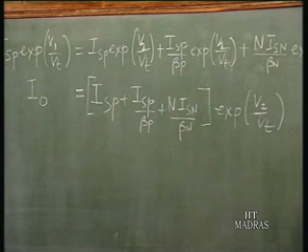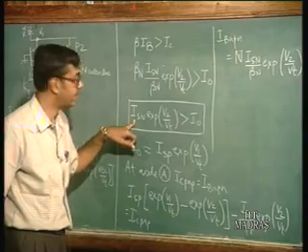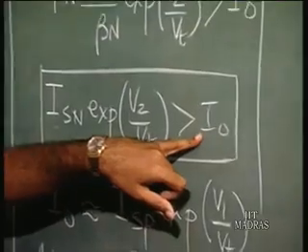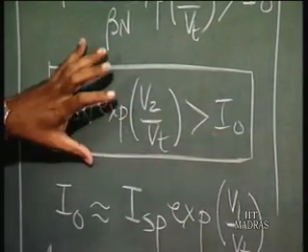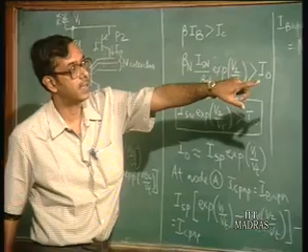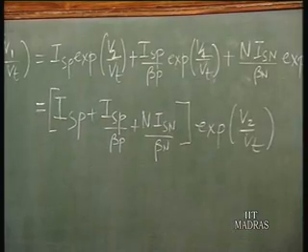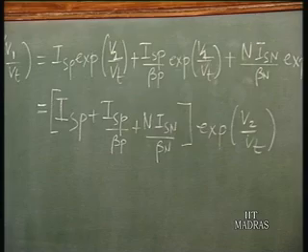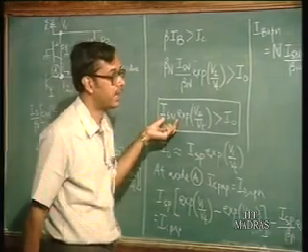All right. Now, again coming back here, the condition for saturation is that ISN exponential V2 by Vt must be greater than I naught. So, ISN exponential V2 by Vt must be greater than that, which is again some term into exponential V2 by Vt. So, what can I write? ISN must be greater than.